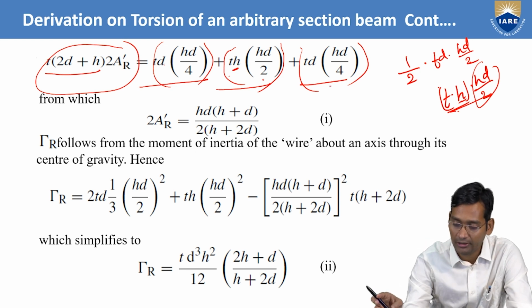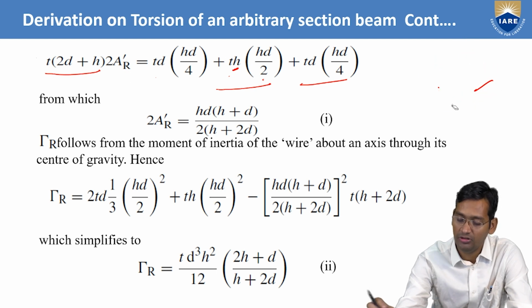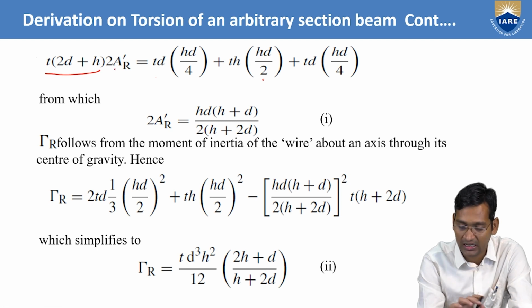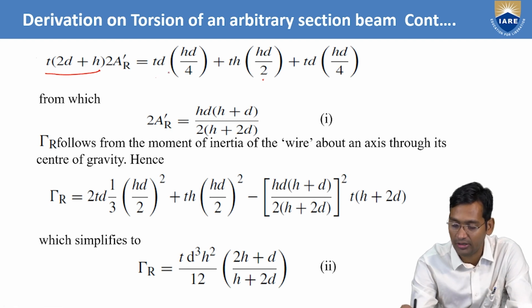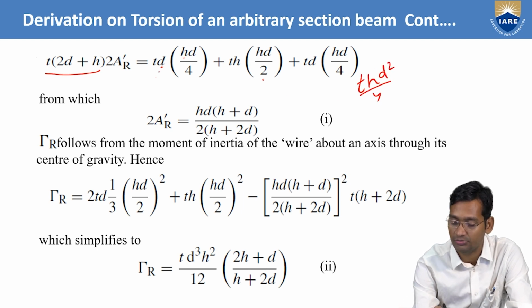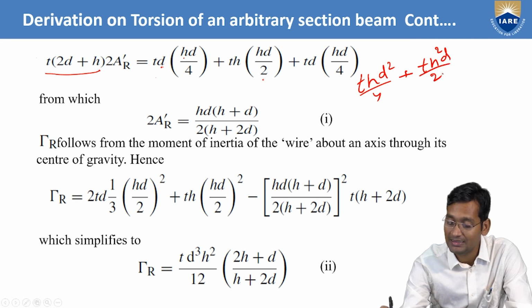So now finally, after simplifying, how will we simplify? Just expand this one. First 2ar stays fine. Multiplying here, t h d square by 4, this term t h square d by 4, plus from here t h square d by 2, plus again here t d square h by 4.